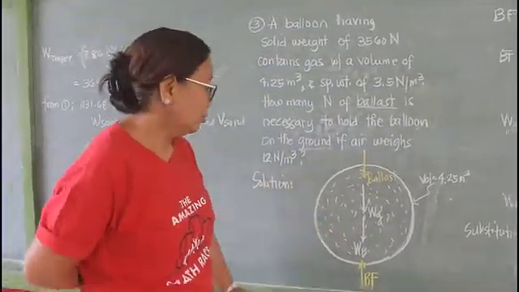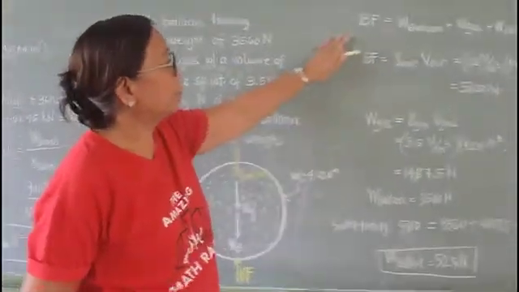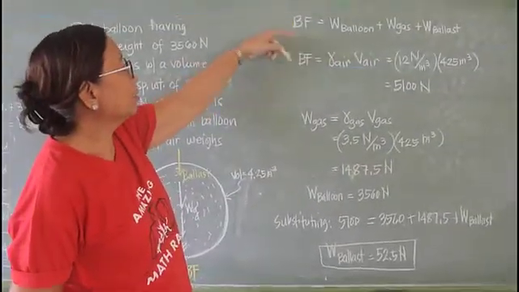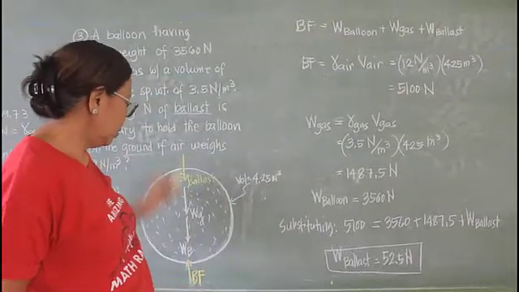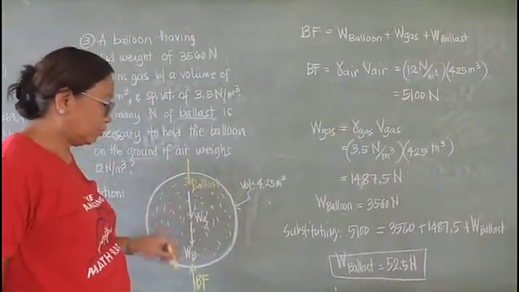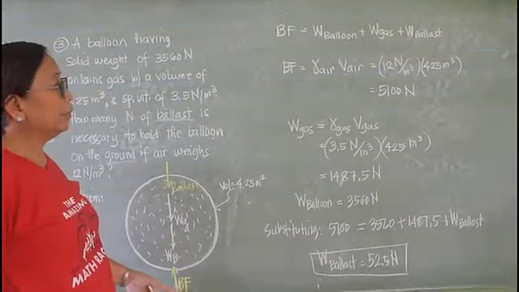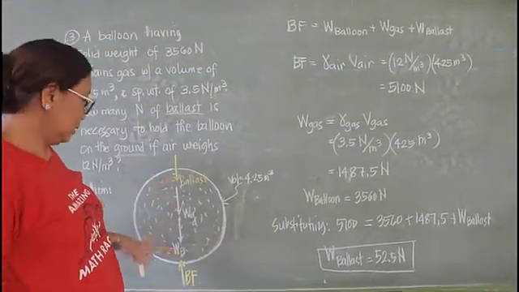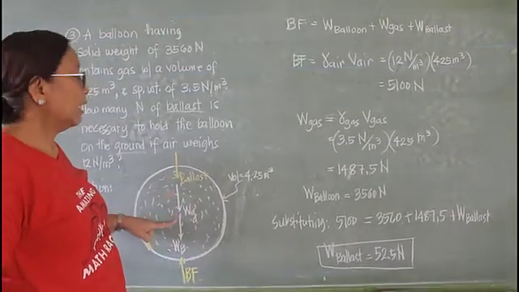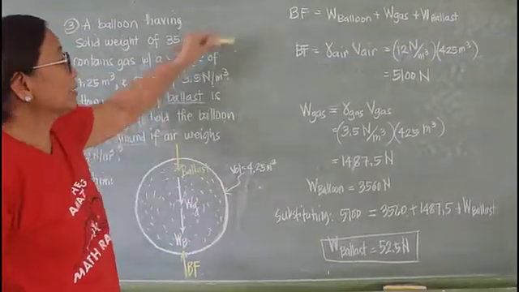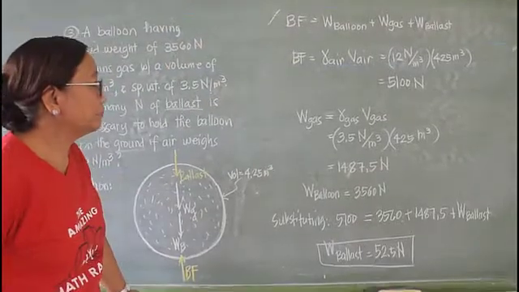Okay? So, again, applying the principle of mechanics, okay? Summation of all forces vertical is equal to, sa lahat ng weights na yan are downward, being pulled by gravity. So, ang buoyant force is equal to the weight of the balloon plus the weight of the gas plus the weight of the ballast. So, ito yung ating equation.